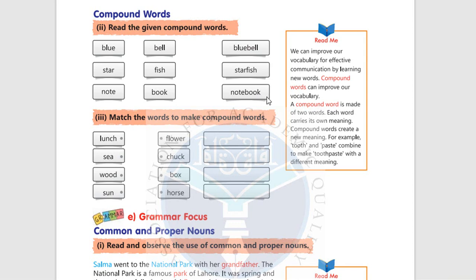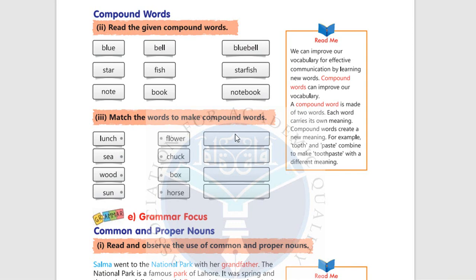Notebook. Right, so these are what compound words are. For example, lap and top. These are two different words. Put them together makes laptop. And there are many examples of compound words. For example, fisherman or catfish and many other examples.